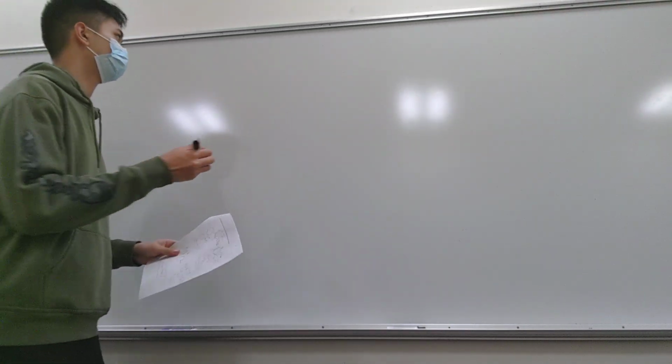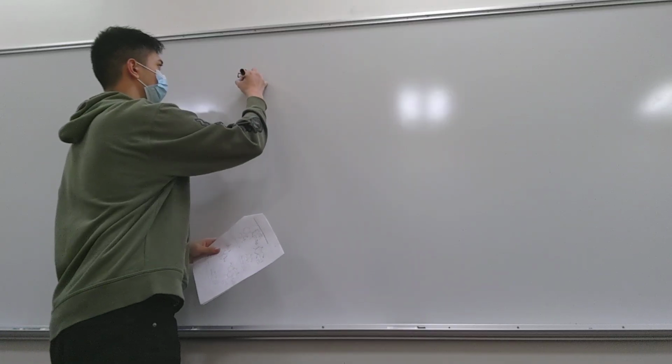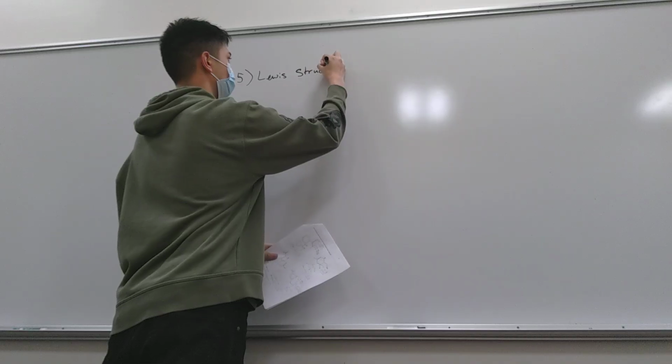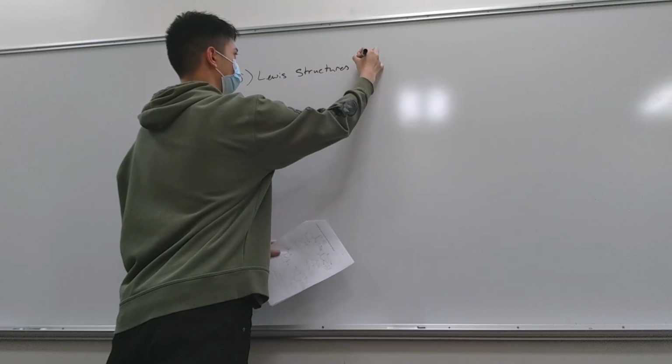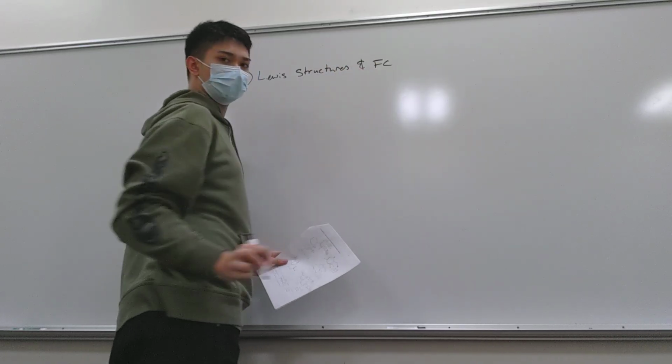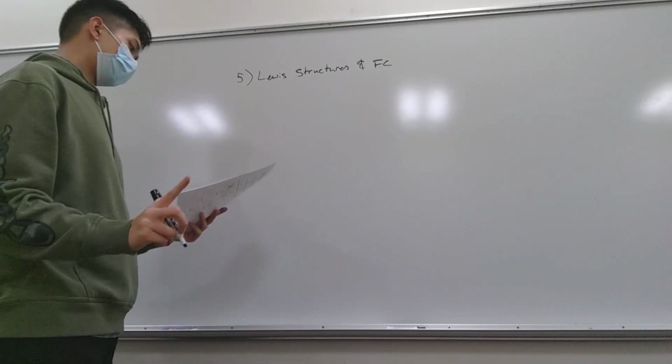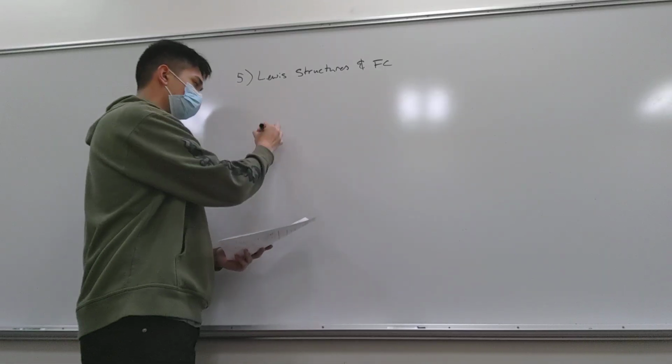Number 5, Lewis structures and formal charge. Let's look at the first one together.